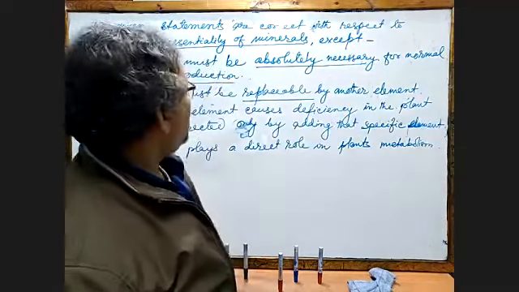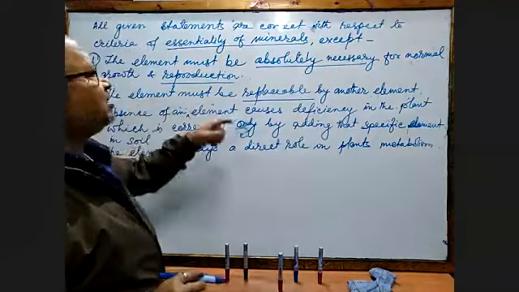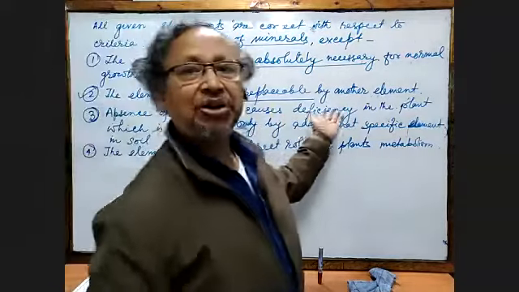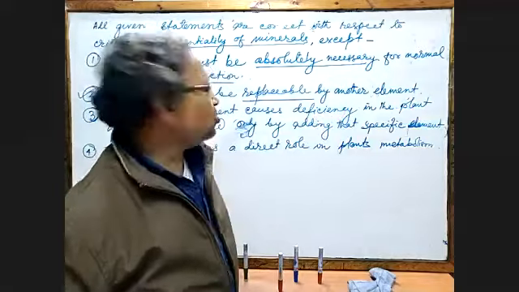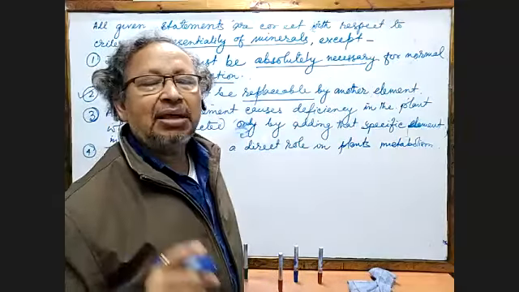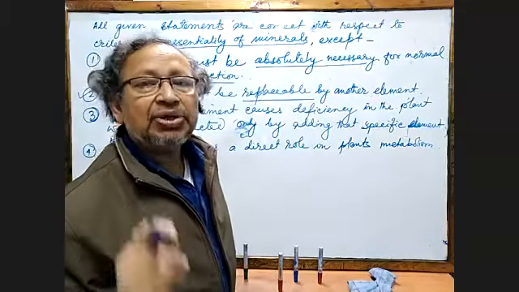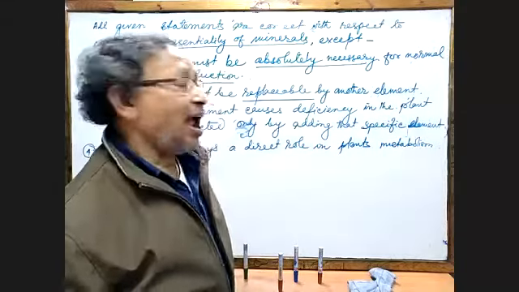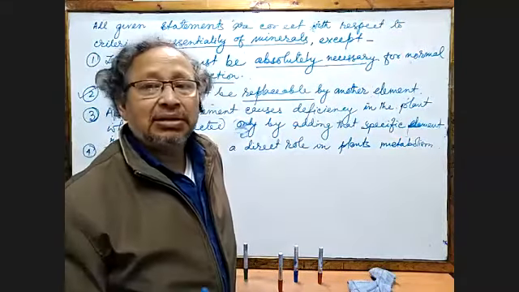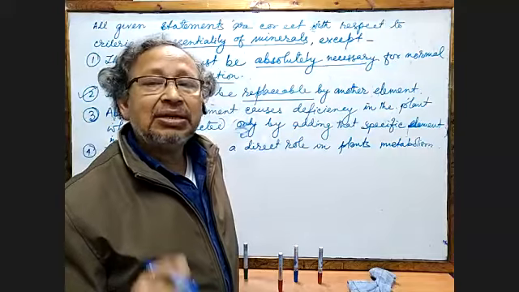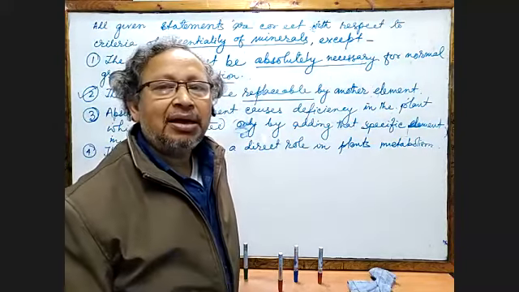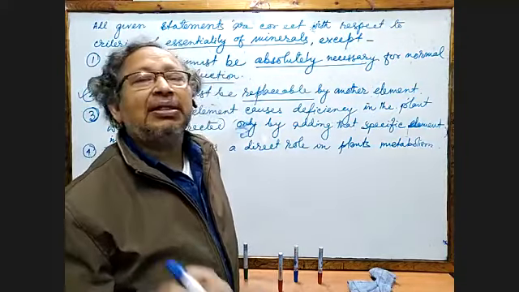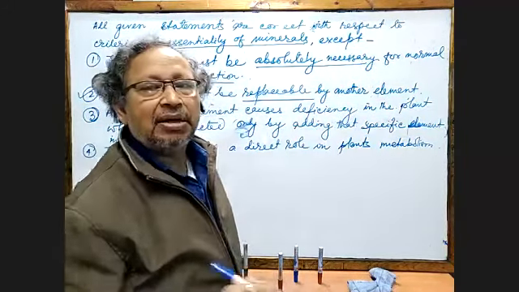So when the element is deficient, in short supply or totally absent, then the plant will show deficiency diseases. And that deficiency disease can only be cured or corrected by supplementing that particular element in the soil.